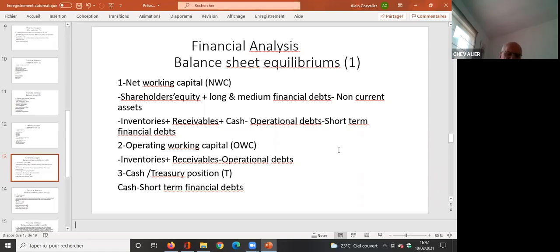You can pay back in advance your long-term loans if you have some of them. You can buy back shares, give back cash to the shareholders, or you can also increase the normal dividend and or distribute a super dividend. But you can also use this cash to make acquisitions.